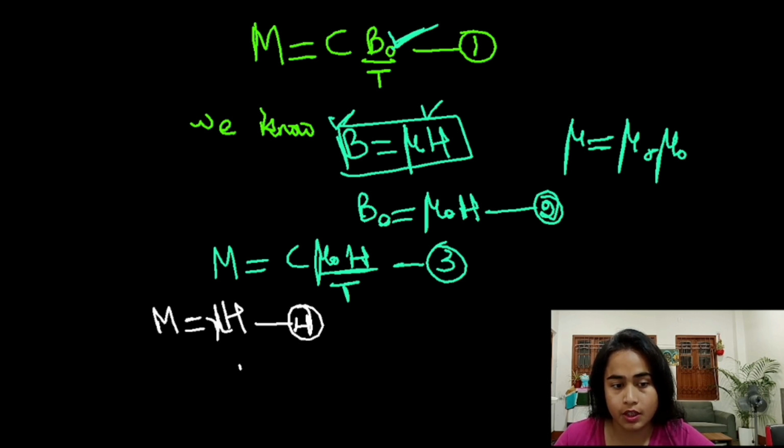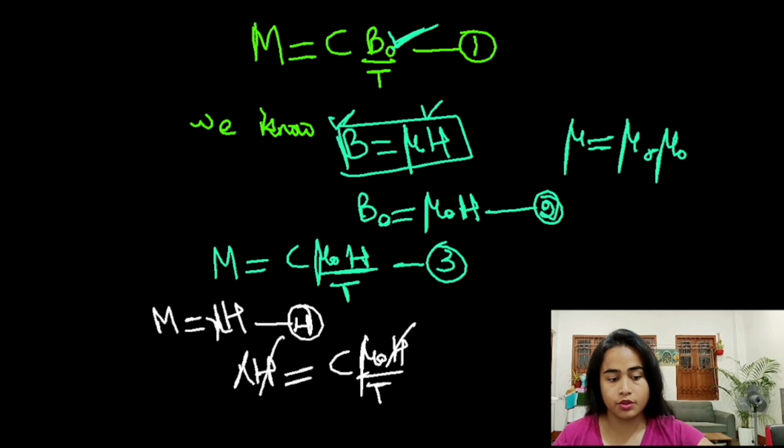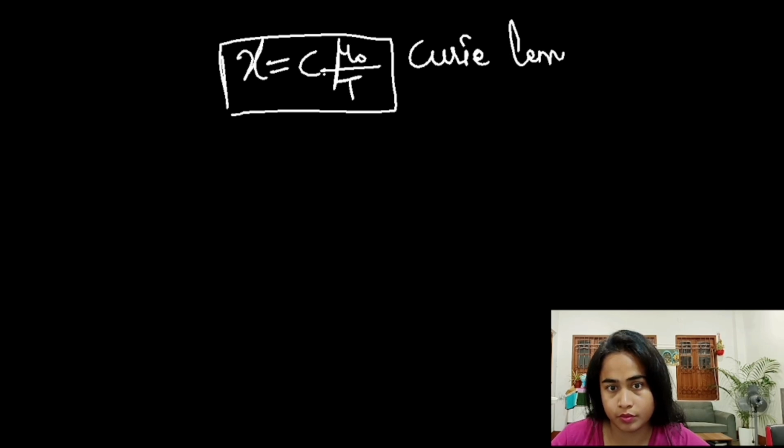The left hand side can be replaced as chi H equals C mu naught H by T. Now this H is in the numerator and equal on both sides, so I can cancel them, and what remains is chi equals C mu naught by T. So this is nothing but your Curie temperature relation. This Curie temperature is very, very important from an examination point of view.